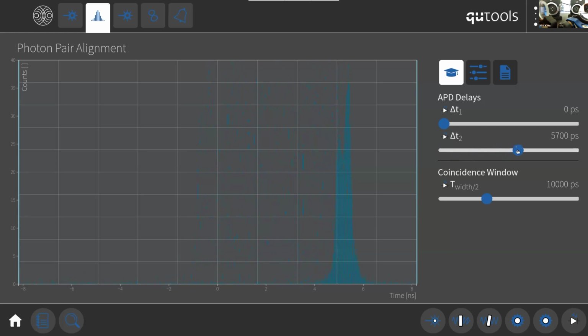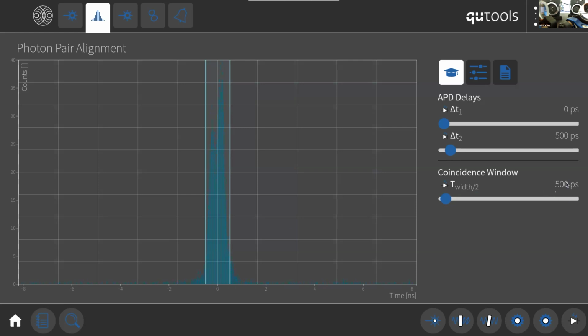So I'm actually receiving new data all the time, and during that I can change parameters in real time and see the result immediately. So let me just center this around 0, and then I can also control the coincidence window and look at a small area, a small time difference between the two events, like this.